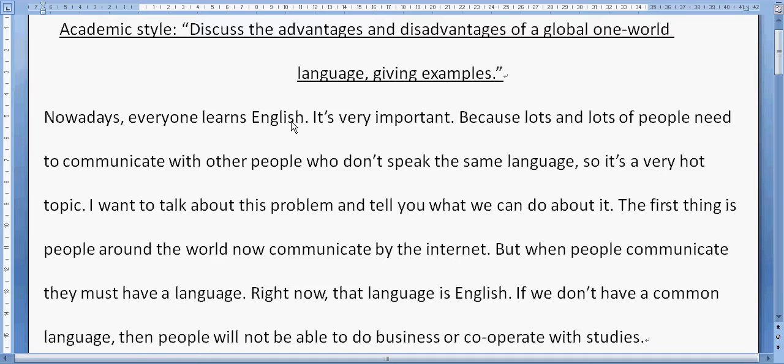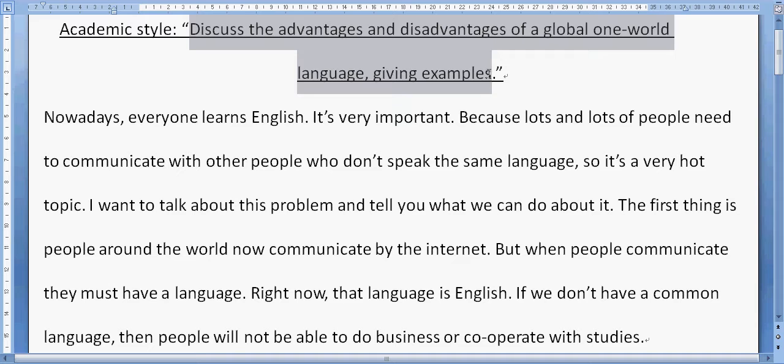Okay, so what we're going to do here is look at the academic style of an essay. The essay is: discuss the advantages and disadvantages of a global one world language, giving examples.